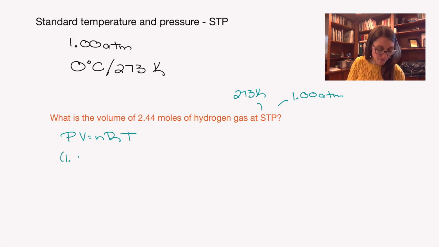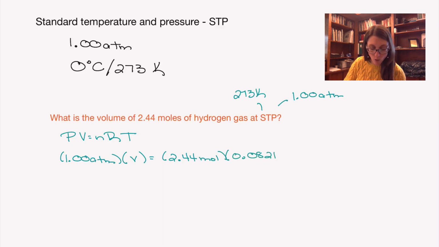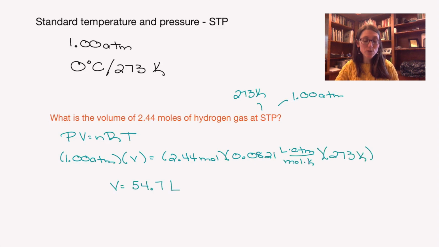My pressure is 1 atmosphere. I can solve for the volume since the question was what is the volume. I know the moles. I know the value for R because you always know the value for R. It is a constant. And I know the value for temperature. And so solving that equation, I get 54.7 liters.